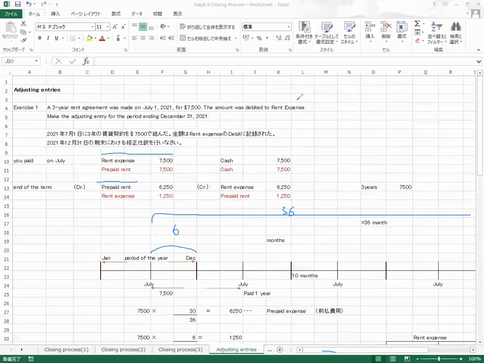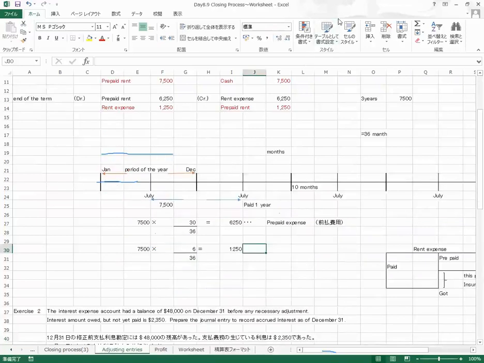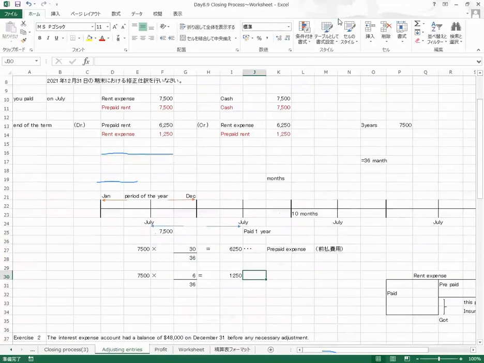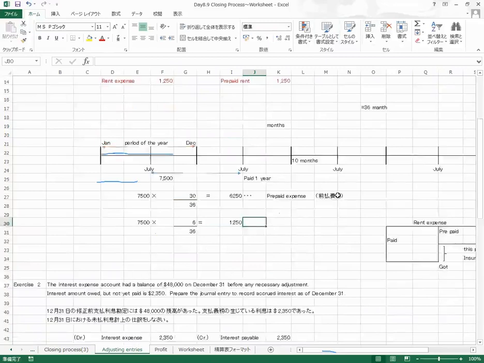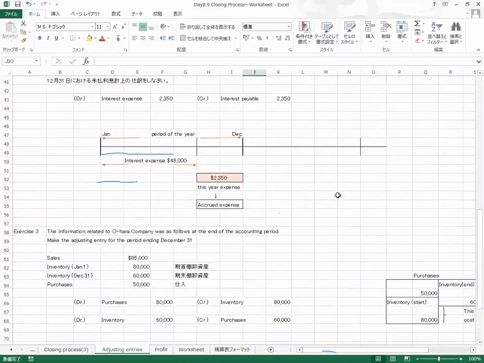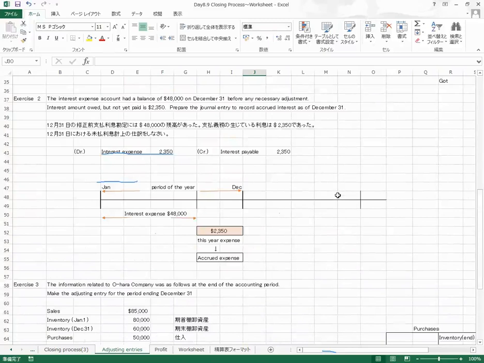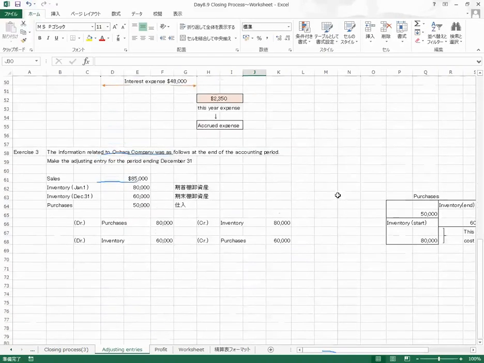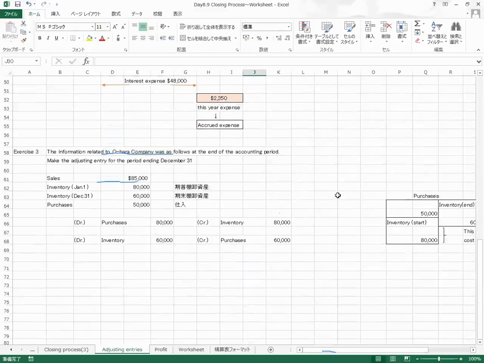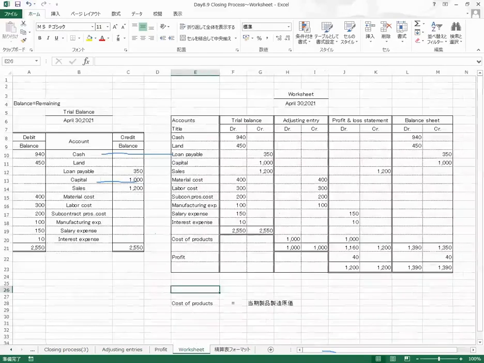Then we will go to the final closing section. Please do what you can of exercise 3, up to the financial statement format. So you get this worksheet.